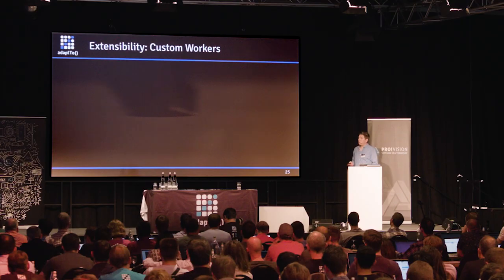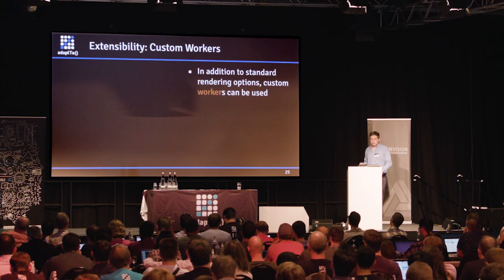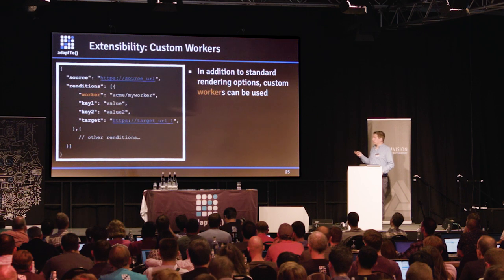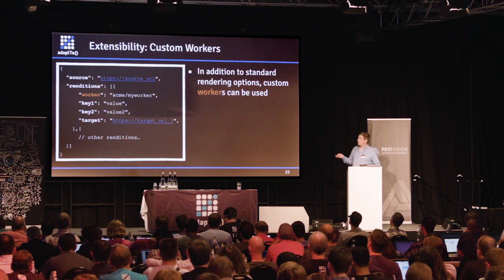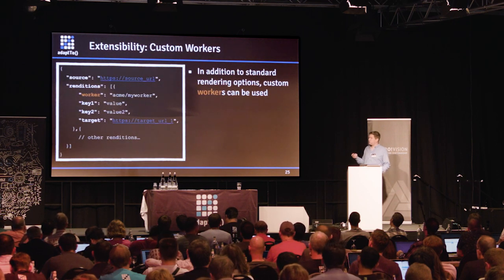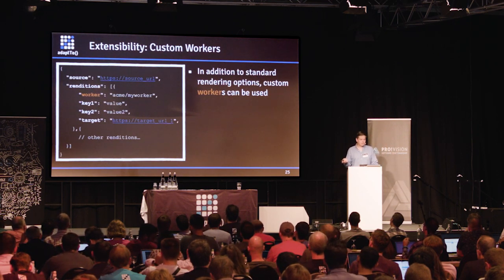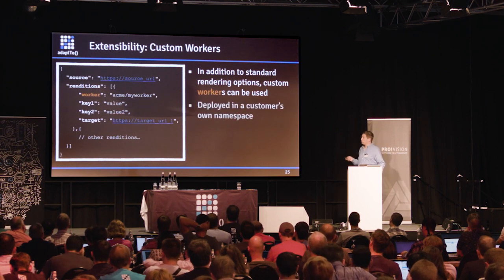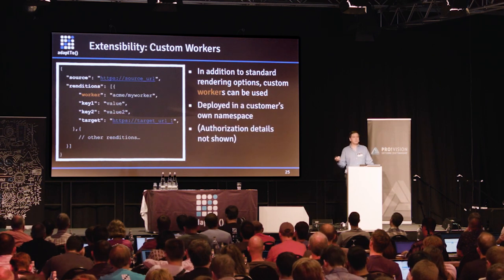And I mentioned we're going to allow extensibility. If you look at the JSON for that, it's the same JSON, but this time we have one rendition that's supposed to be a custom worker. You can specify the worker explicitly there, and the name of that will point to your namespace in Runtime.